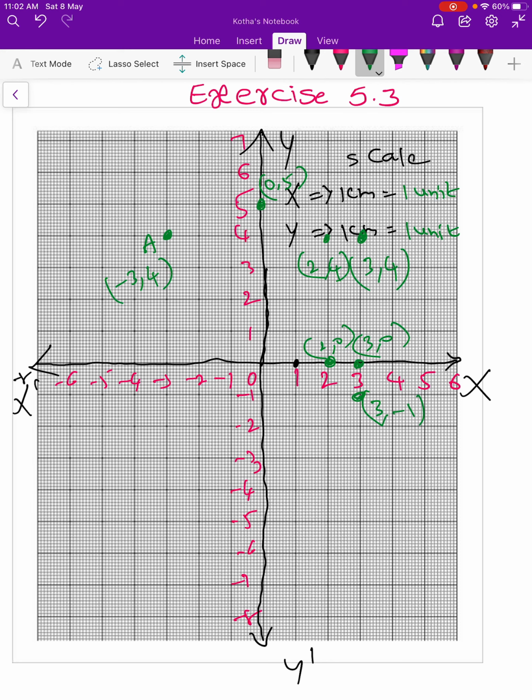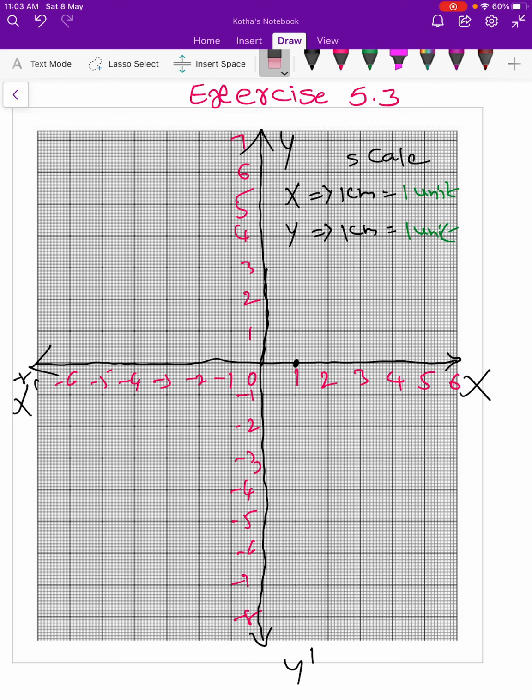Okay, now let us move to the 9th bit. Next, bit number 9.